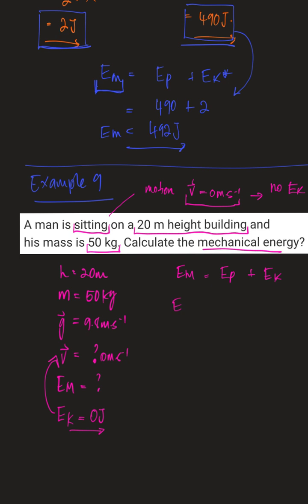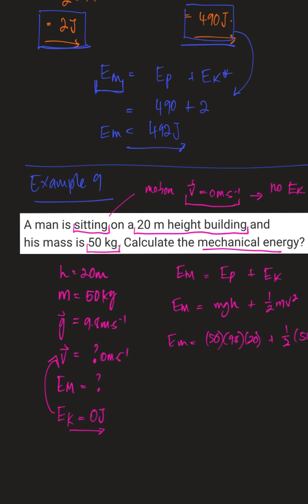And I'll say EM, and I'm going to expand, is equal to mgh plus half mv squared. And EM is equal to the mass, which is 50, multiplied by 9.8, multiplied by 20, plus half times 50 times 0 squared.